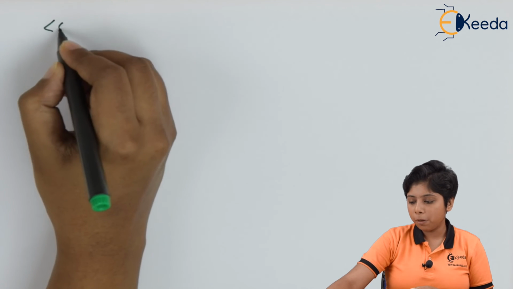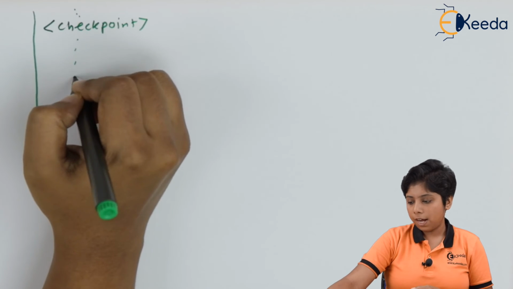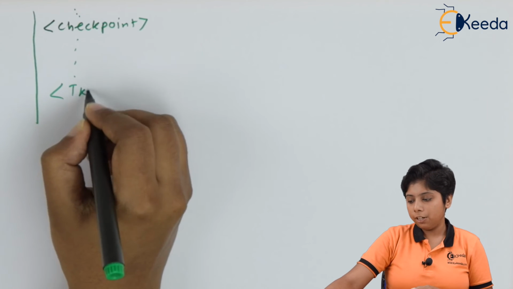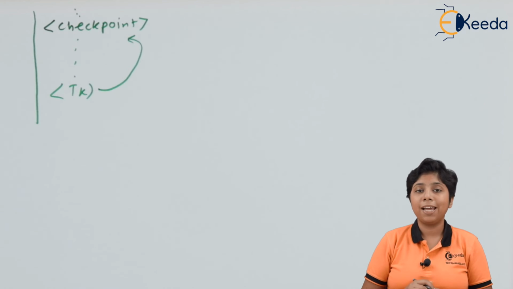First we need to scan the log backward, starting from the most recent transaction and going backward until we find the most recent checkpoint starting. That means the checkpoint and the transaction TK. So we need to process all transactions from TK back to this checkpoint, and the transactions active at the checkpoint, for our recovery technique.